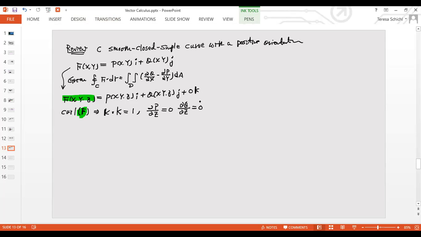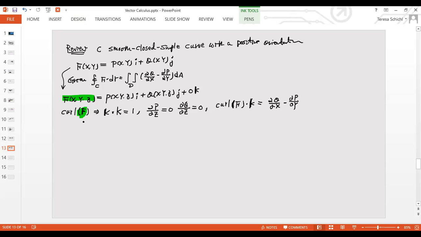Now if you plug into the curl formula, you can calculate that the curl of F dot k will just be the partial of Q with respect to x minus the partial of P with respect to y. I'm not going to go over the calculation; you can find the curl and then take the dot product with k.